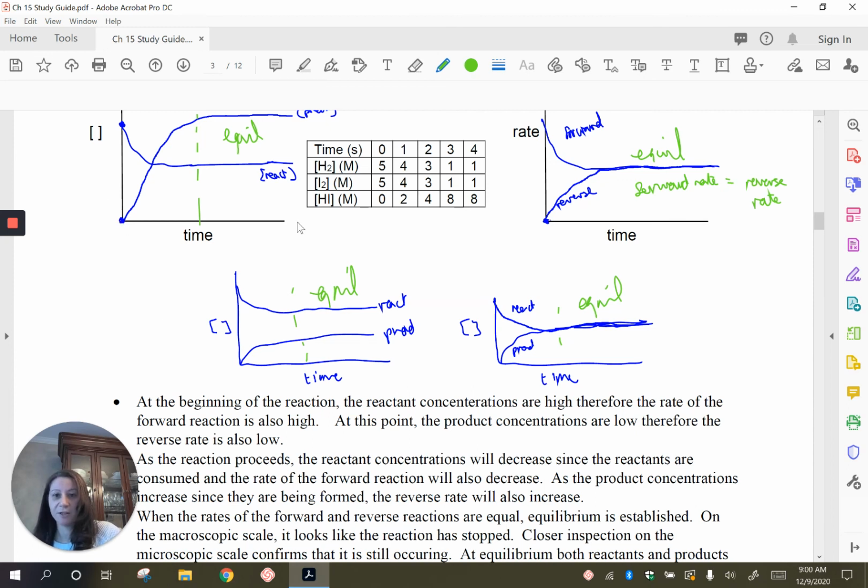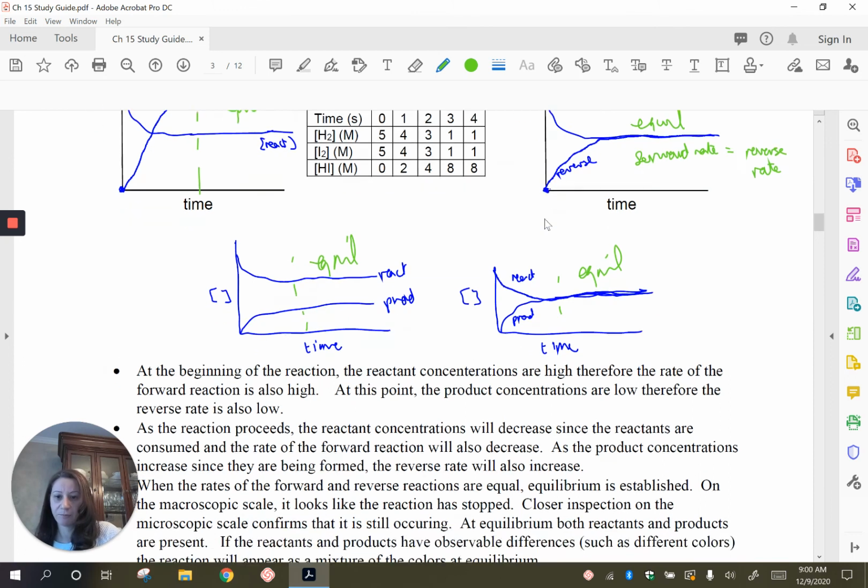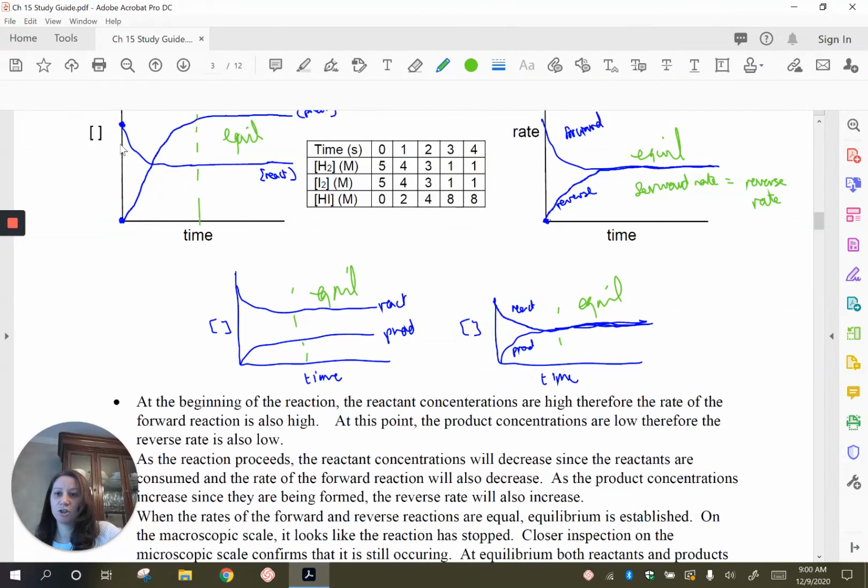You don't have any products, and so the rate of the reverse reaction is also very low. As the reaction proceeds, the reactant concentrations decrease, and therefore the forward rate also decreases. For the products, as the reaction goes by, the product concentration starts increasing, and the reverse rate starts increasing as well.